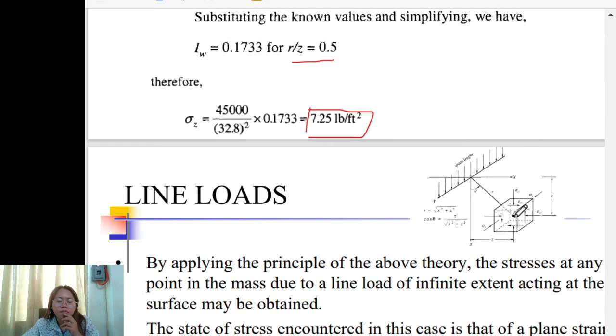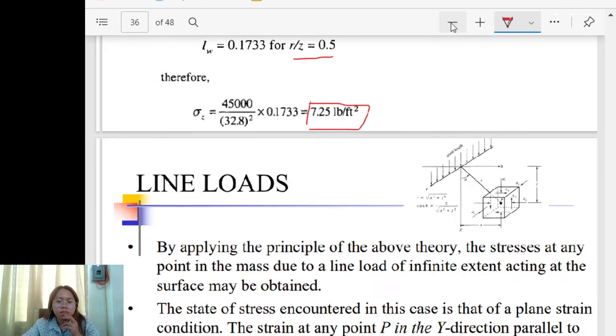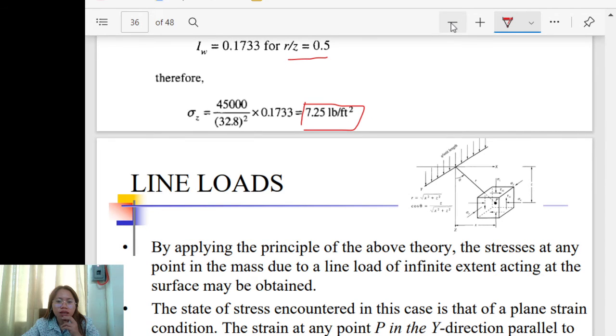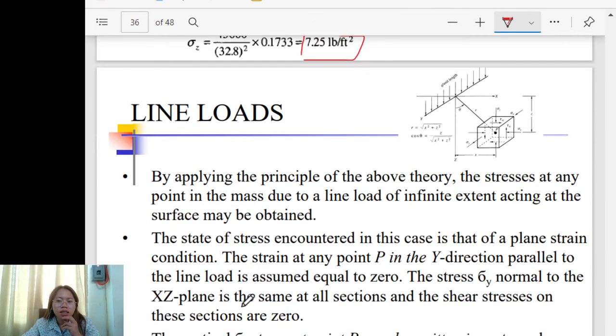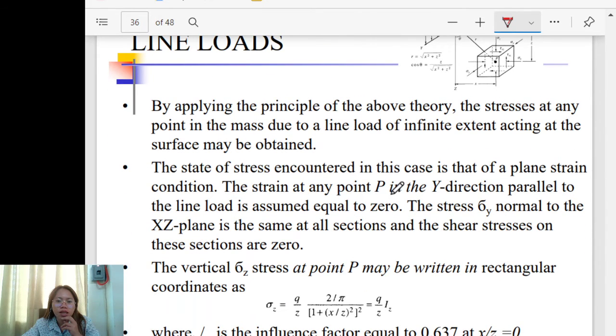What is the stress at this point, no? The stresses at any point in the mass due to line load of infinite extent acting at the surface may be obtained. The state of stress encountered in this case is that of a plane strain condition. The strain at point P in the y direction parallel to the line load is assumed equal to 0.